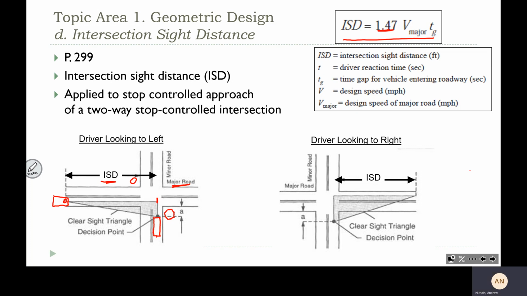It's just converting speed from miles per hour to feet per second, because this V major is the design speed of the major roadway in miles per hour. And then this T sub G value is the time gap needed for the vehicle entering the roadway in seconds. So we've got speed in miles per hour, time in seconds. That 1.47 is converting miles per hour to feet per second, which allows us to get an intersection sight distance measured in feet.